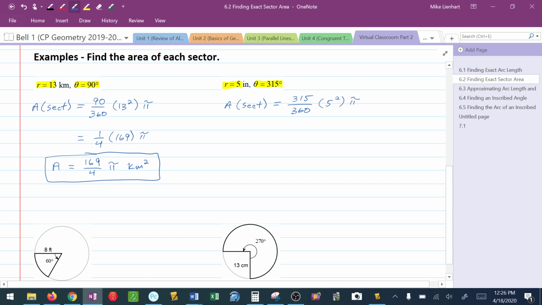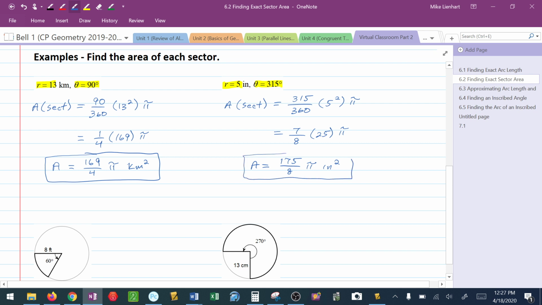We know that 315 divided by 360, if I simplify that fraction, is going to break down to 7 over 8 times 25 times pi. And 7 times 25, that would be 175. So the area would be 175 over 8 pi, inches squared.